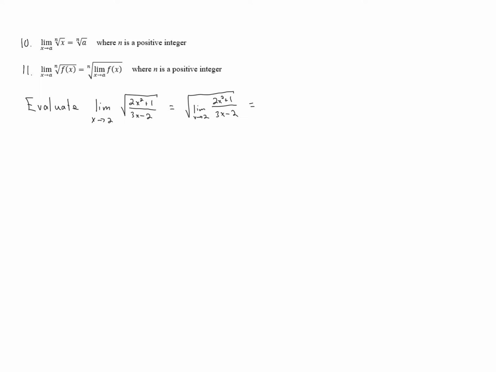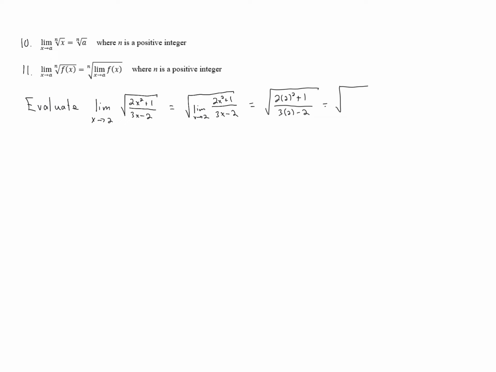And now that we've used that rule, if we look inside the square root, we have the limit of a rational function, and we can use the direct substitution property so long as it doesn't give us a 0 in the denominator. So that's going to give us (2 times 2 squared plus 1) all over (3 times 2 minus 2).